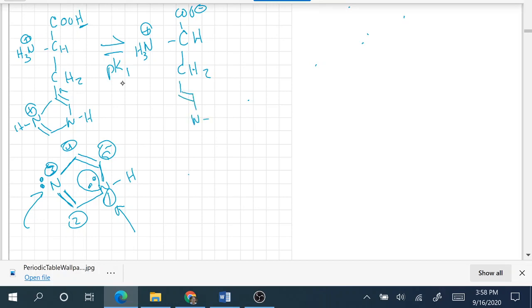Now at low pH, that nitrogen that we talked about is going to be protonated, but that ring is still aromatic.